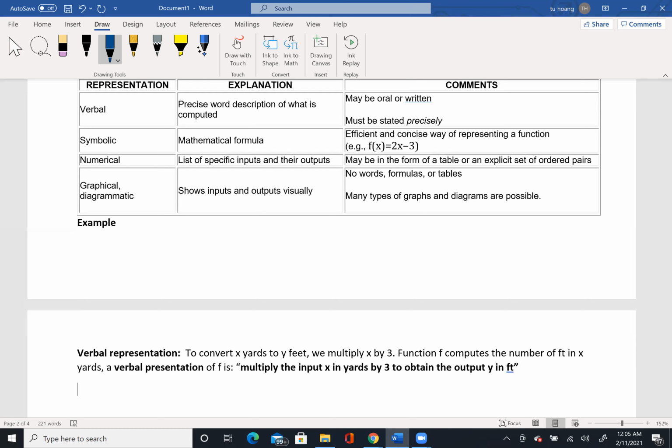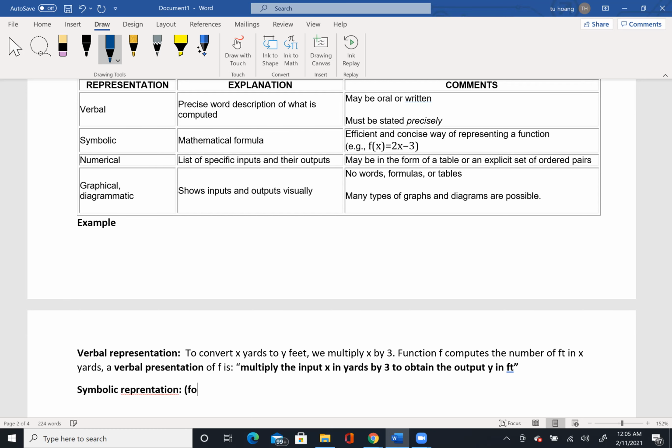Okay, so now I'm gonna talk about symbolic representation. So this is a formula.